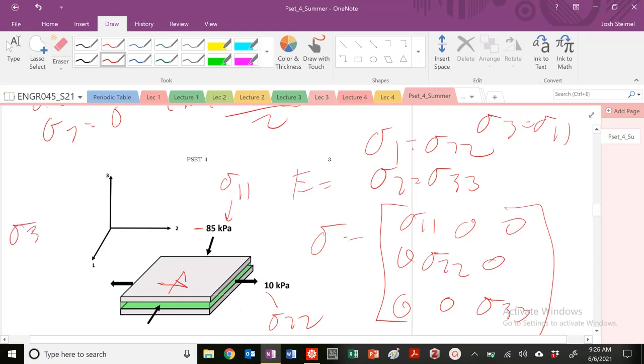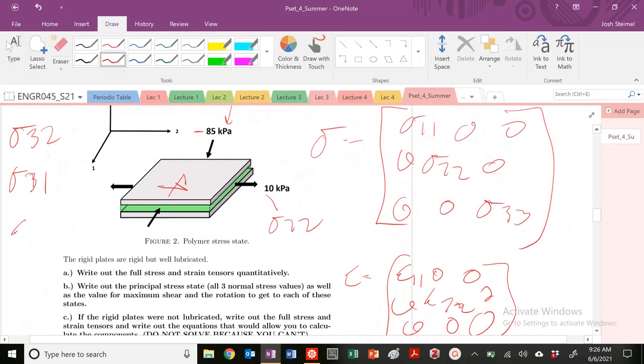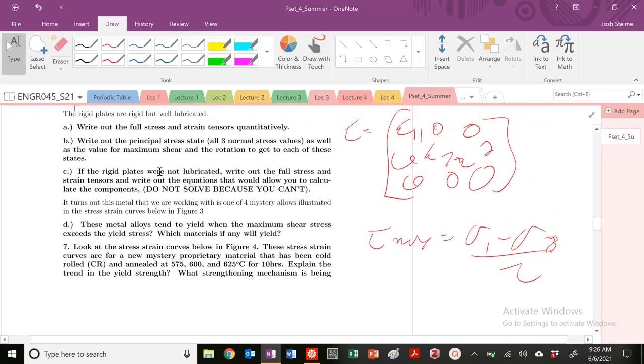So I would have a stress sigma 3-2 and sigma 3-1. The equation I would utilize would be epsilon 3-1 equal to 1 over E times 1 plus nu times sigma 3-1, and the same thing for 3-2. I just use those equations to solve for those values. That's it.